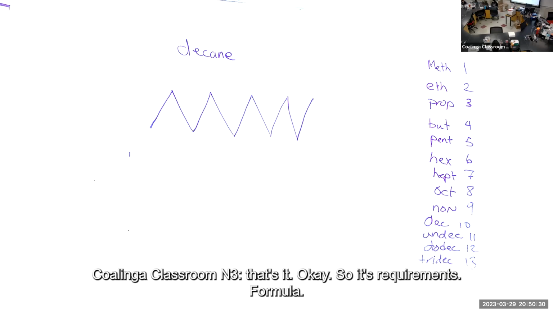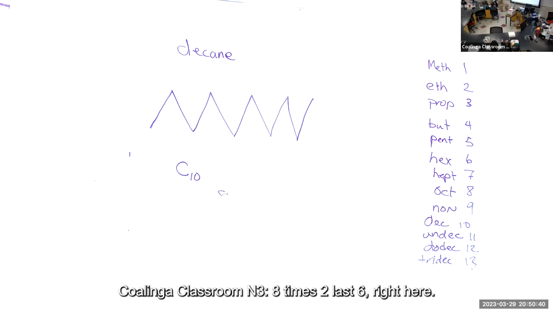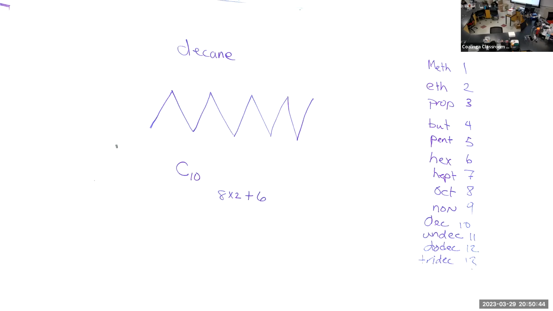Okay, so if we're going with the formula, 1, 2, 3, 4, 5, 6, 7, 8. 8 times 2 plus 6. So you have 3 here and 3 here. Right? 16 plus 6.